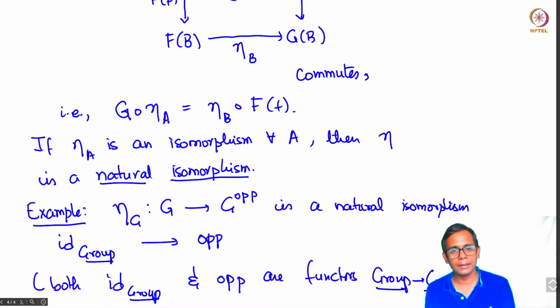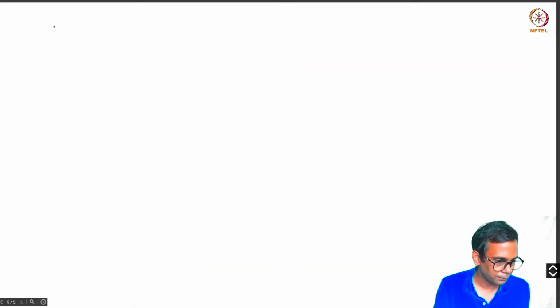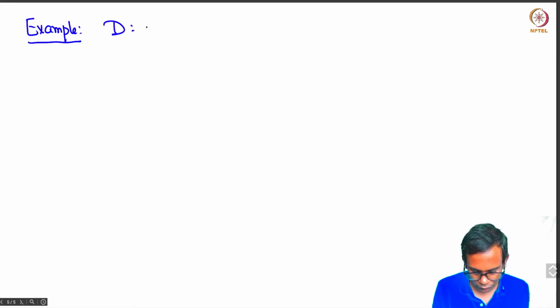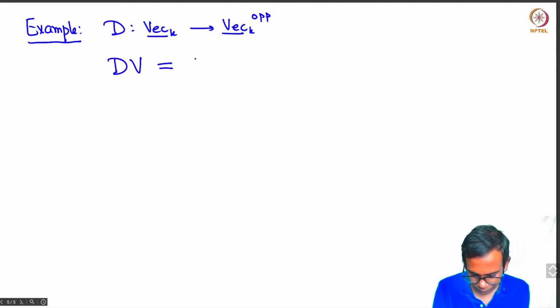Okay, let's look at some more examples. So recall that we have this functor from vector spaces to the opposite category of vector spaces, or in other words, a contravariant functor from the category of vector spaces to the category of vector spaces, where for every object V, we define D V to be the linear dual.